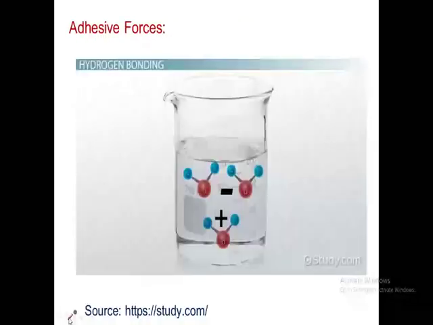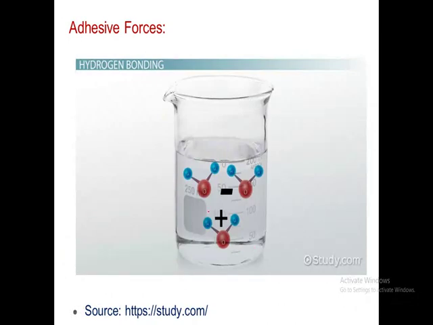Then see here, you can see it with the help of a diagram. In the beaker I have water. When you say water, what is that? It is the H2O molecule. If you take only these H2O molecules, between these two there is a cohesive force, right? Whereas this water is coming in contact with the glass surface.